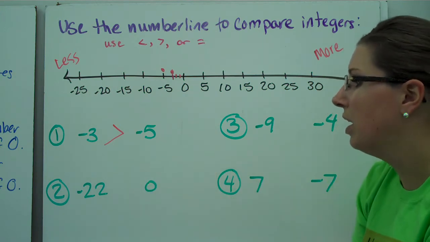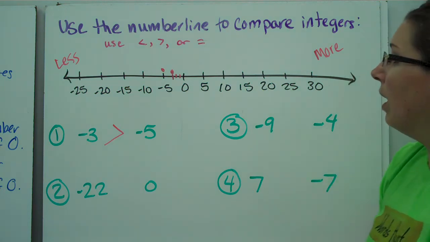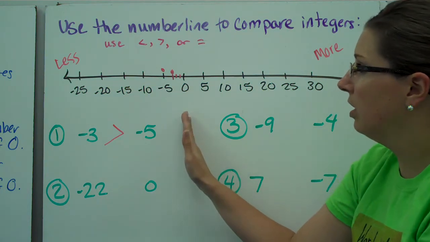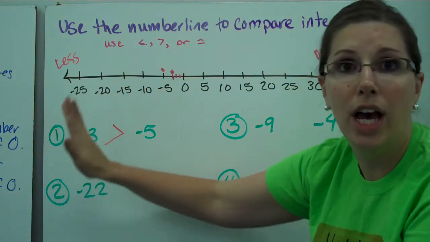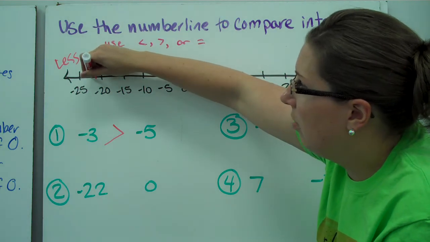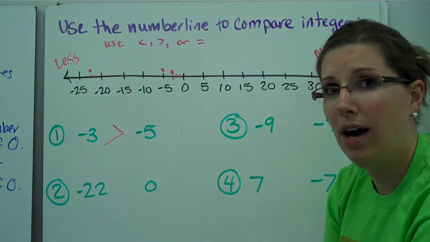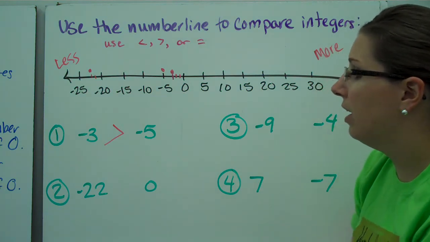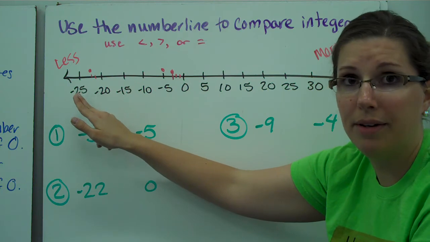Let's do number 2. I've got -22 and 0. Well, -22 is going to be all the way over here in the -20 area, so I'm going to estimate it to be in between -20 and -25. All that means is it's 22 units away from 0 to the left side.